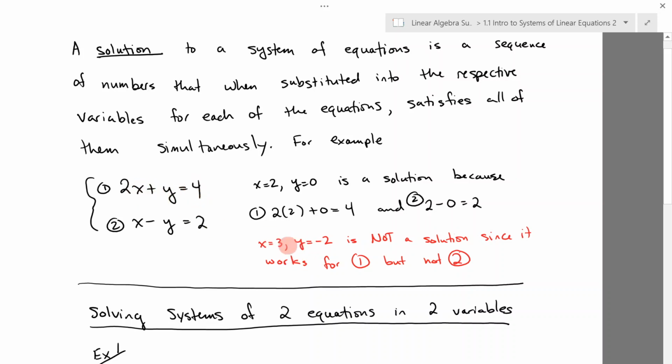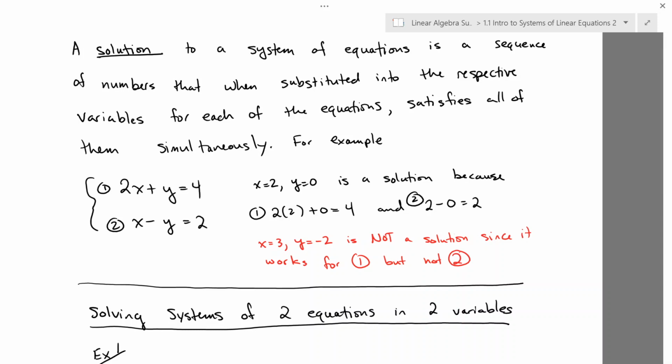But now if I put it into the second equation, you have 3 minus a negative 2, which becomes 3 plus 2, which is 5 and not 2. So it doesn't satisfy the second equation. When it works for one of them but not the other, then it's not a solution. It has to work for all equations in the system.